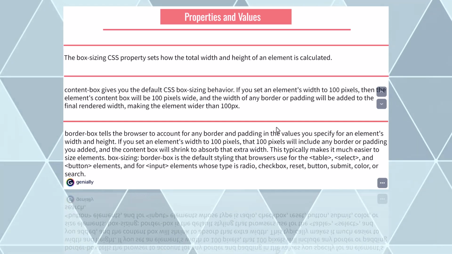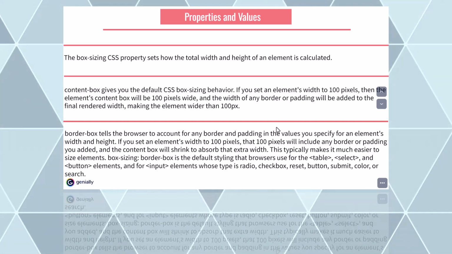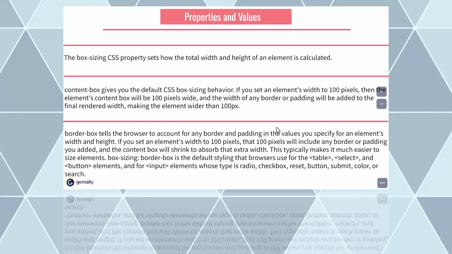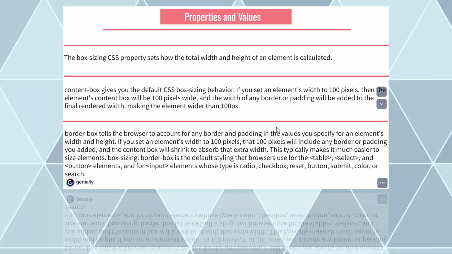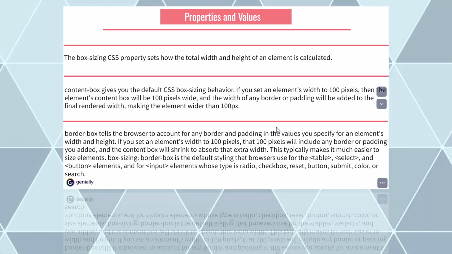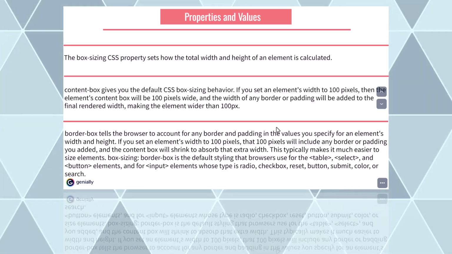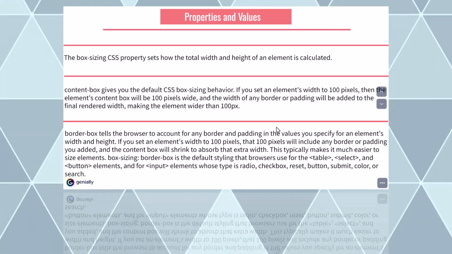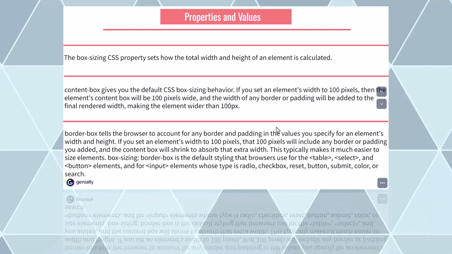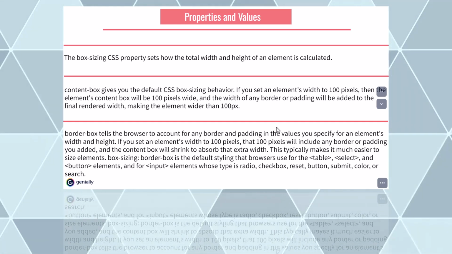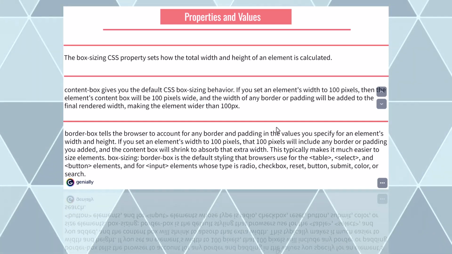If you define a width of 100 pixels, it's going to shrink the content instead of adding another space, so that it can remain with that 100 pixels that was predefined, instead of adding on top of that 100 pixels. So with content-box, it adds based on the border that you have defined.